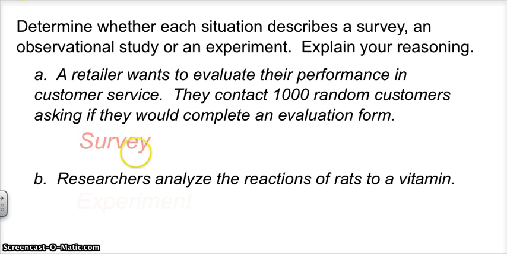This type of study is a survey because you are contacting random customers and they are filling out an evaluation form and sending it back. Part B, researchers analyze the reactions of rats to a vitamin. Normally when you're talking about researchers and reactions of rats, you have a variable and then you also have a control, so that would make it an experiment.